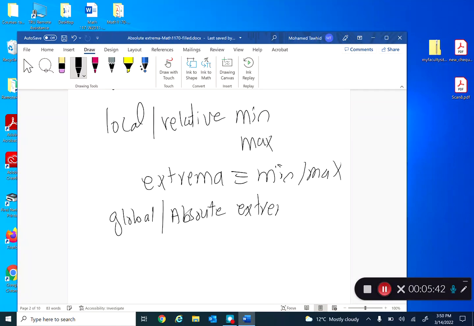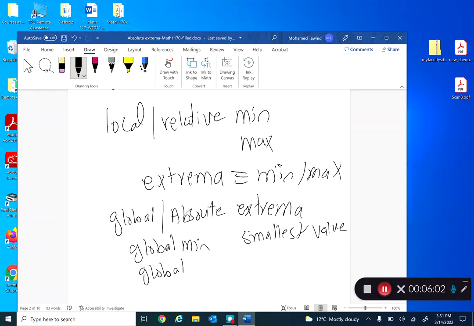Global min will be the smallest value for the entire domain. Global max will be the largest value of your domain.